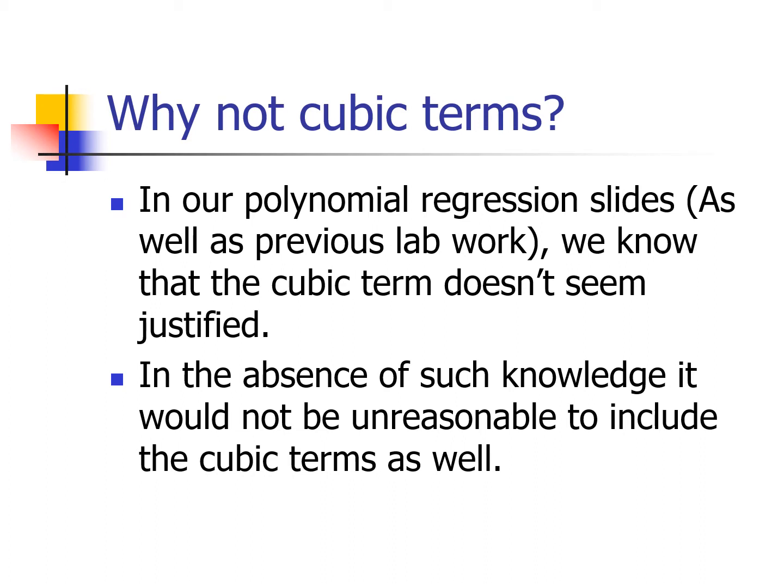Because of that, I said let's not rehash old issues and not worry about it. That said, in the absence of such knowledge, it certainly would not be unreasonable to put the length squared and the chest squared in there as well. So it's not a bad idea. I excluded them in this case because we've already looked at them.